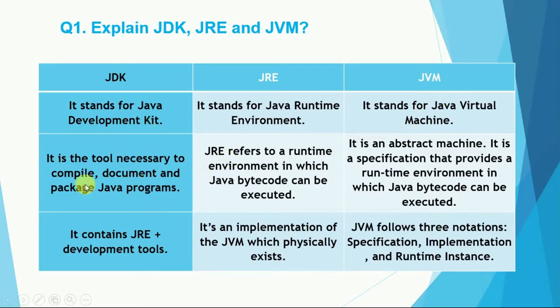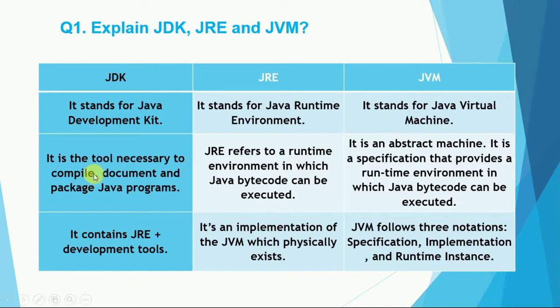Whenever we want to compile and execute Java code in our system, we need to install the JDK. First we download the Java Development Kit from the official website of Java and install it.